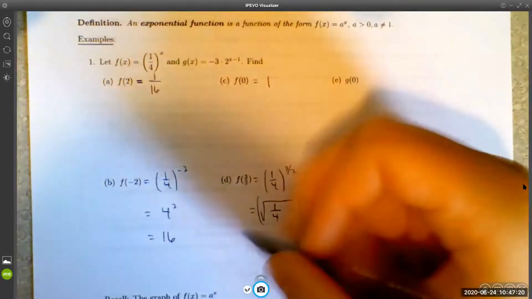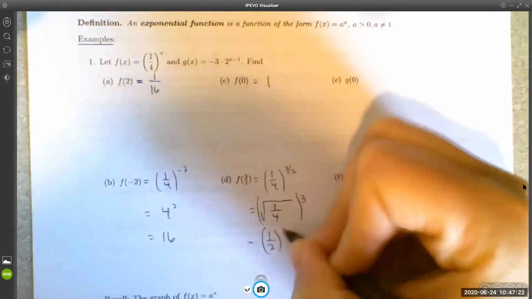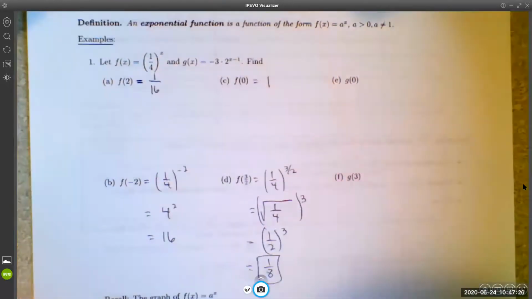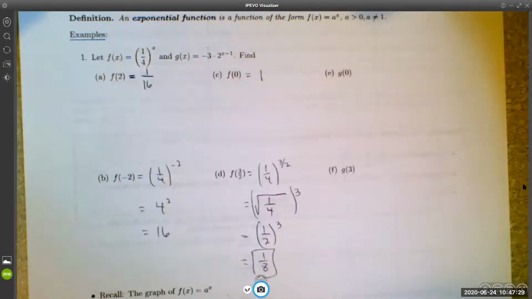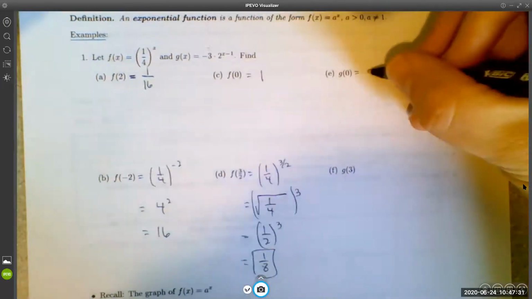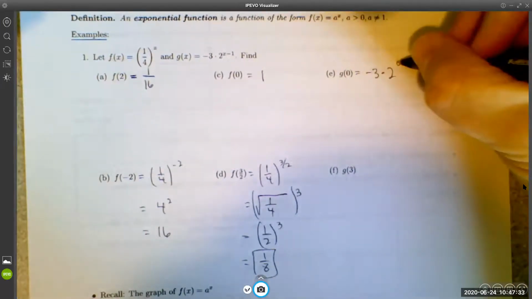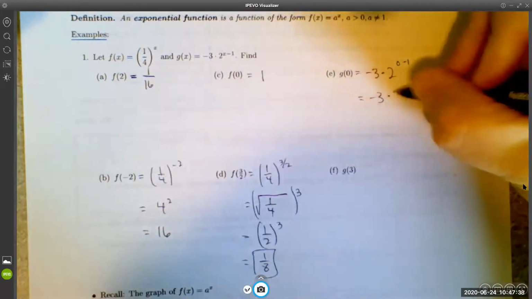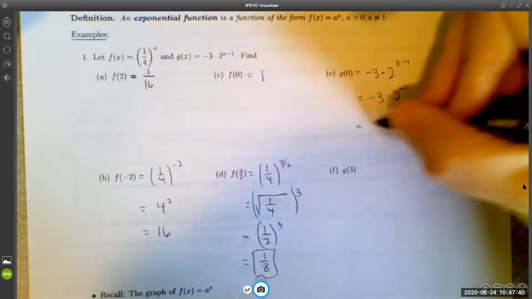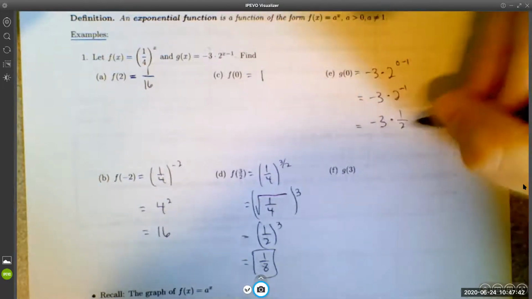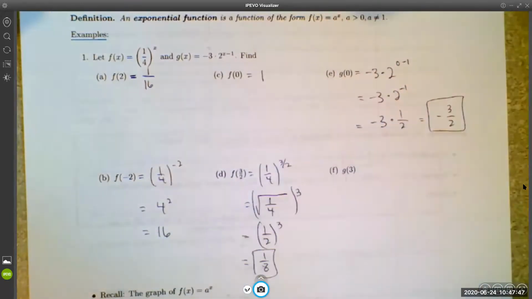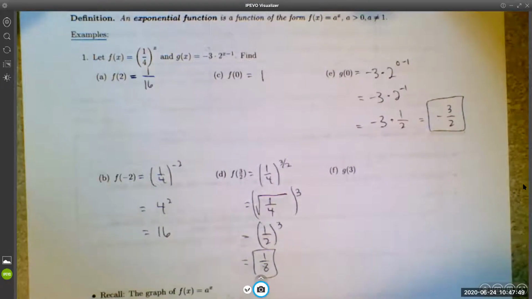The square root of 1/4 is 1/2, and 1/2 cubed is 1/8. G of 0 is -3 halves. Okay, and g of 3.